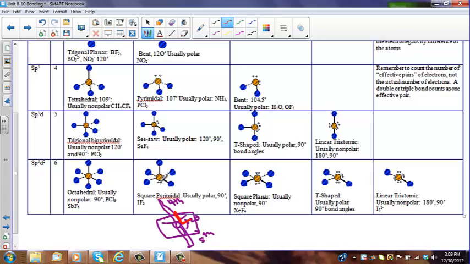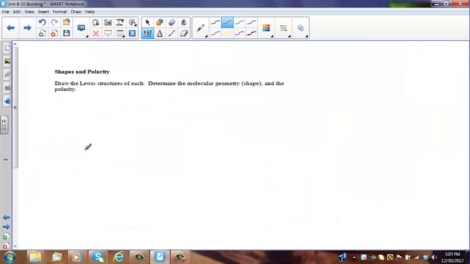It could be square pyramidal if you have one lone pair, or square planar if you have two lone pair. And it can also, but not usually, be T-shaped or linear. Okay, so that's a little bit about that. Also, I posted a page on Schoology which will help tremendously with the lab and helping you draw some of the models.